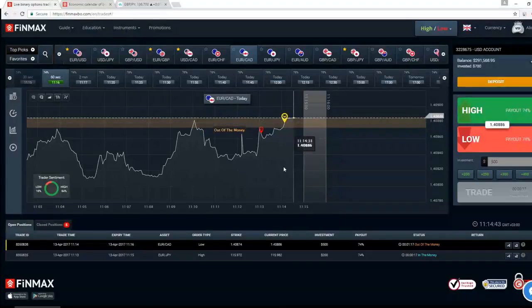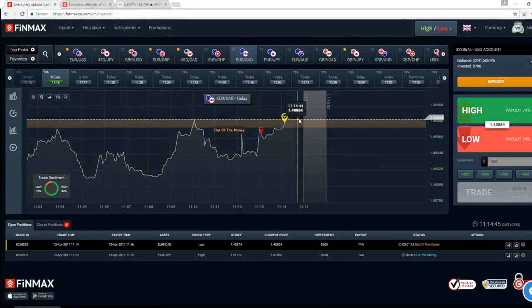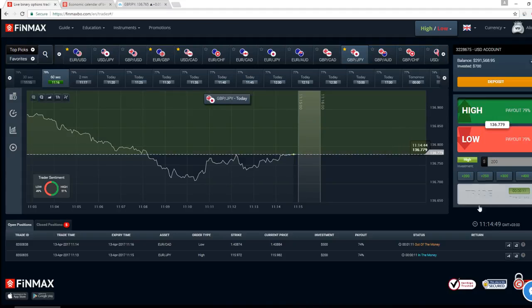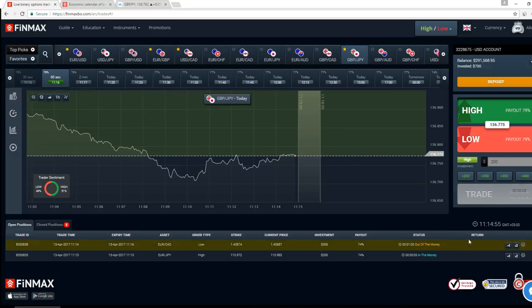Also British pound to Japanese yen, also interesting, so I will also enter for 1 minute for high. British pound to Japanese yen for high, 1 minute. Okay, let's go.